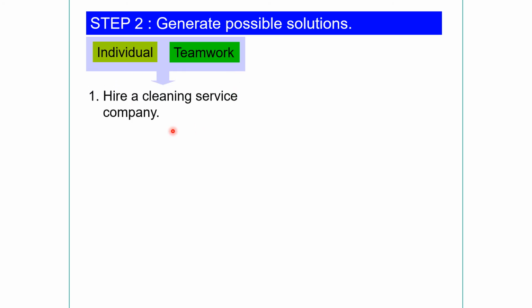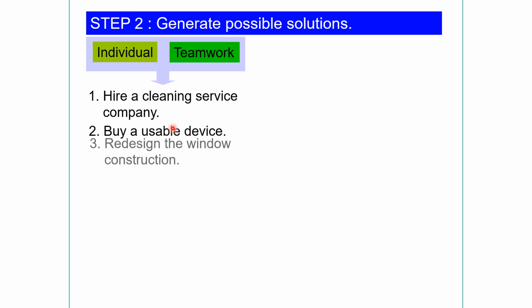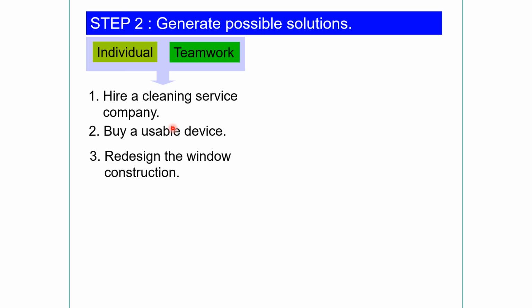There are multiple solutions. Hire a cleaning service company that can clean the outside of the window. Buy a usable device that can clean from the outside. Redesign the window construction, meaning whatever the design is, it should be redesigned.